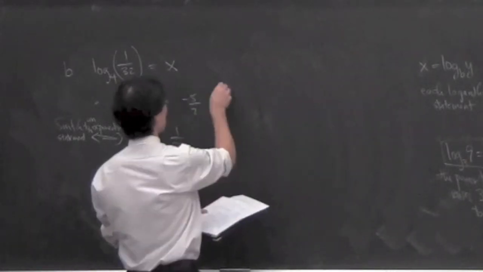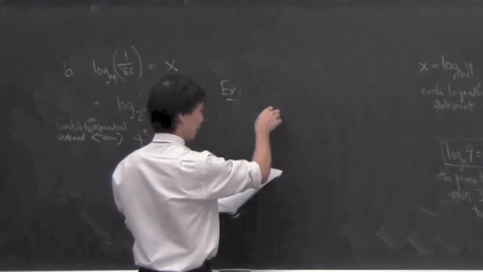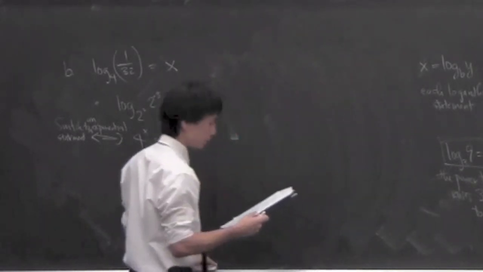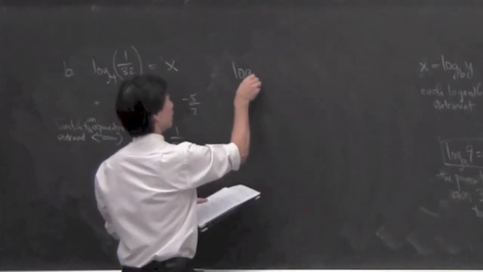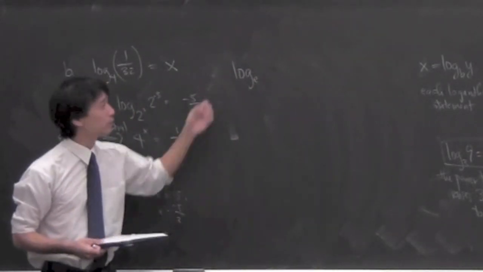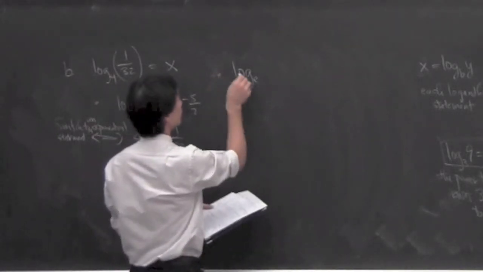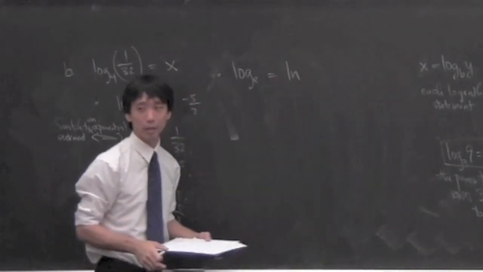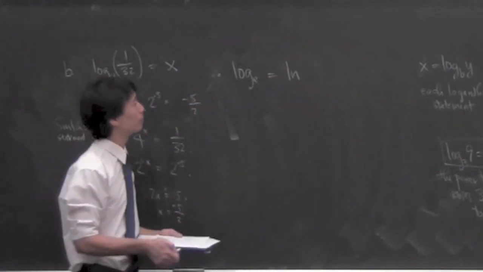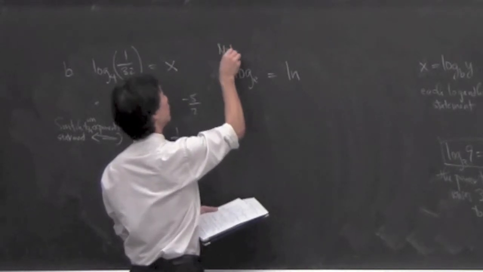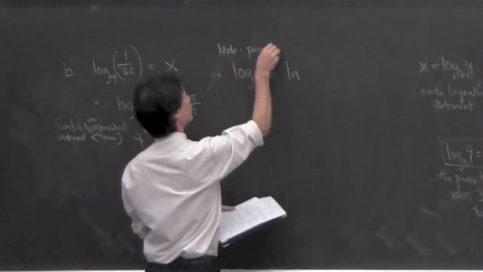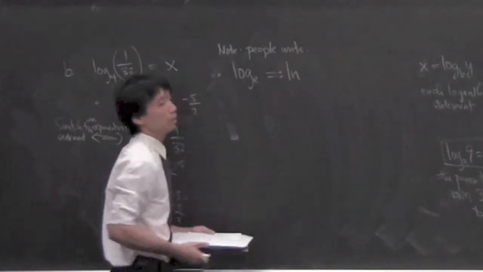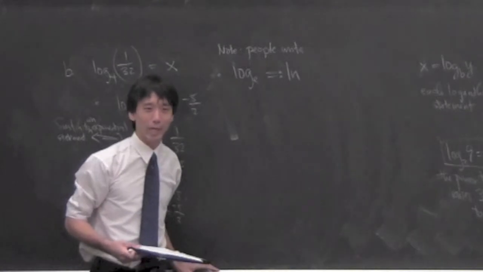Okay. So to give us a more complicated example, let's say that E is a particular base. E is special, so instead of writing log base E, people usually write ln. Some people read this as lan.